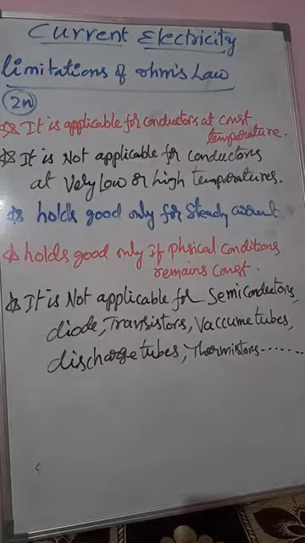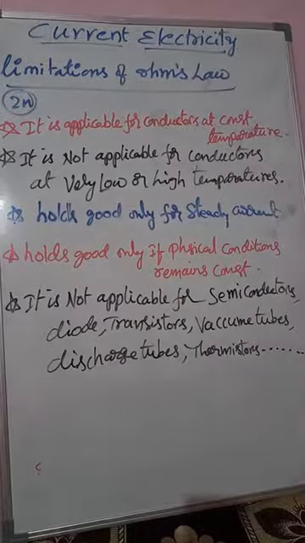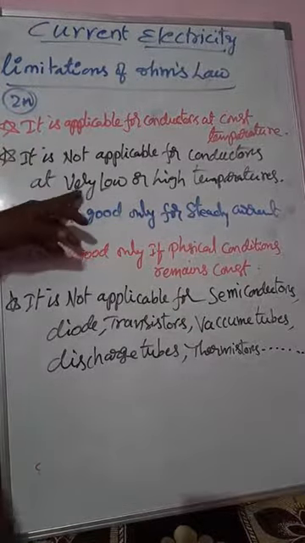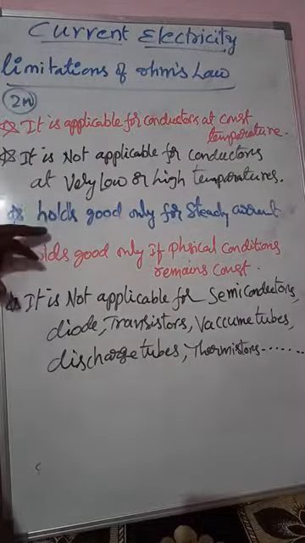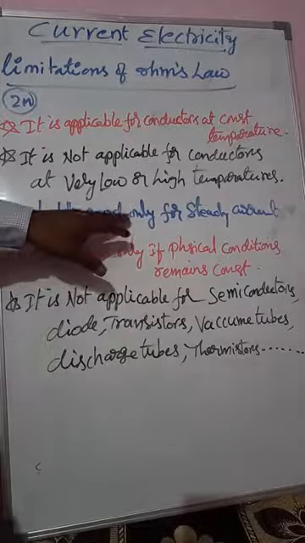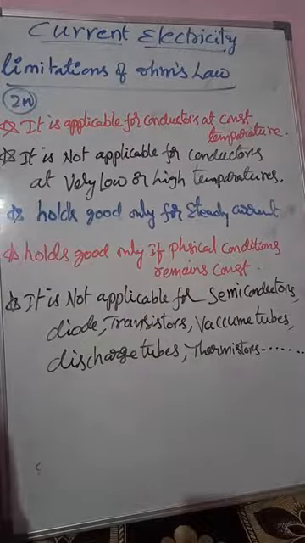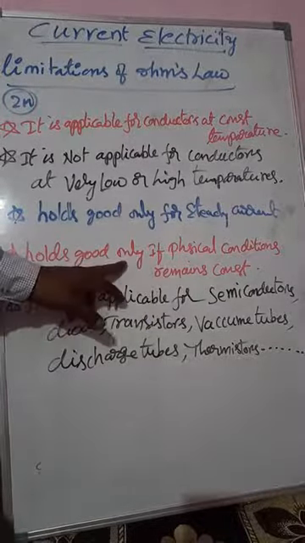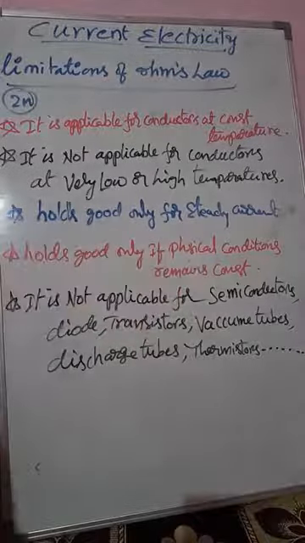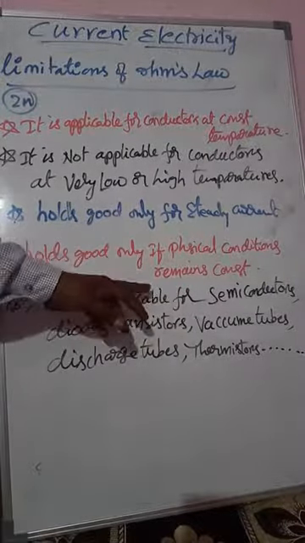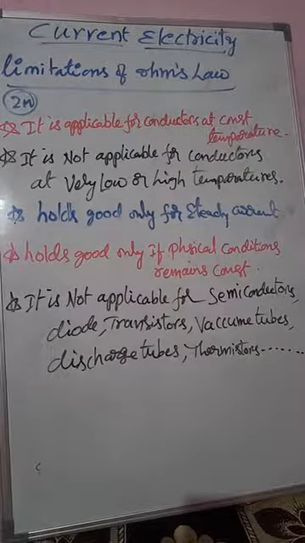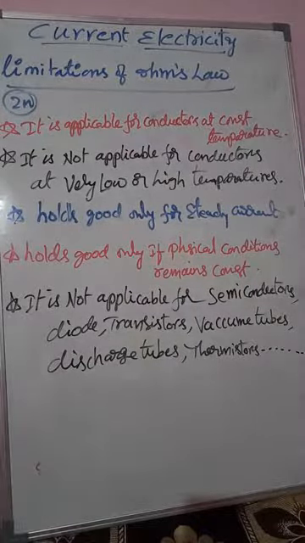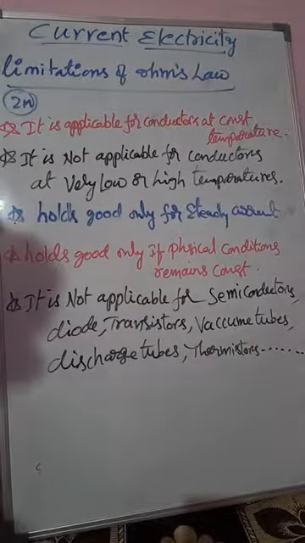Most important: first, it is applicable for conductors at constant temperature, not for very low and high temperatures. These 2 points are most important. And Ohm's law holds good only for steady currents, only if physical conditions remain constant, and is not applicable for semiconductors, diodes, transistors like that. These are all limitations of Ohm's law. Very important. Clear?